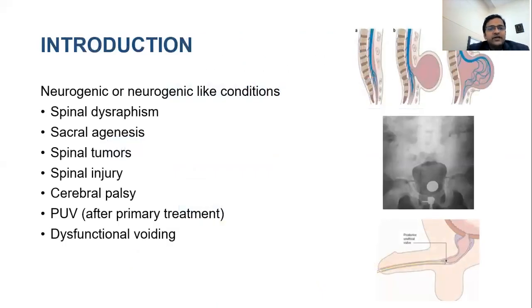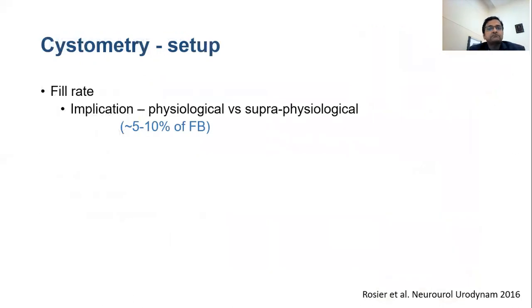So the common neurogenic conditions like spinal dysraphism, sacral agenesis, spinal tumor, spinal injury, cerebral palsy are various reasons for having to perform urodynamics, or the non-neurogenic causes which are very problematic to the child are posterior urethral valve after primary treatment of valves and dysfunctional voiding, which can even present like Hinman syndrome, which is no less than neurogenic bladder for upper tract damage.